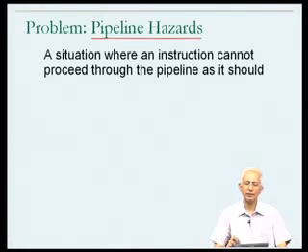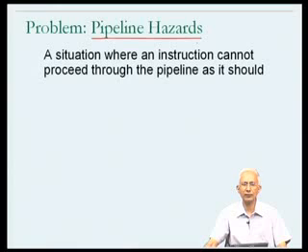Basically, a pipeline hazard is a situation where an instruction cannot proceed through the pipeline as it should. Right? And if an instruction cannot proceed through the pipeline as it should, in other words, from IF to ID to EX to MEM to write back during consecutive cycles, then it's not going to be possible for an instruction to complete every cycle.